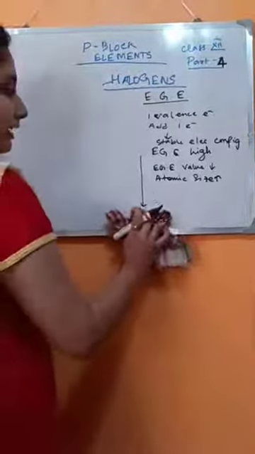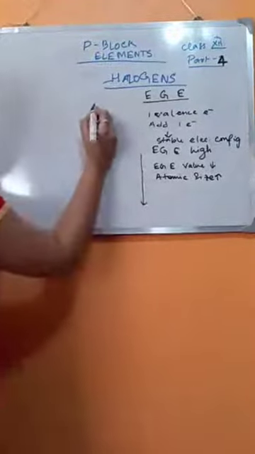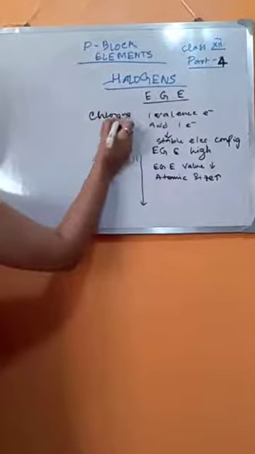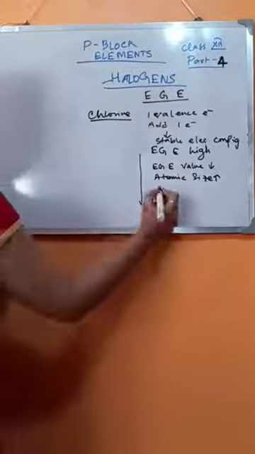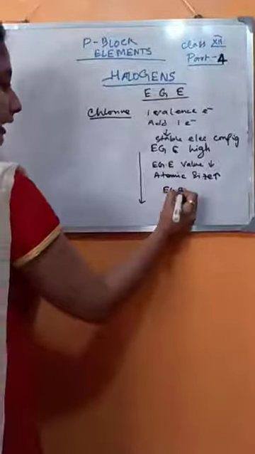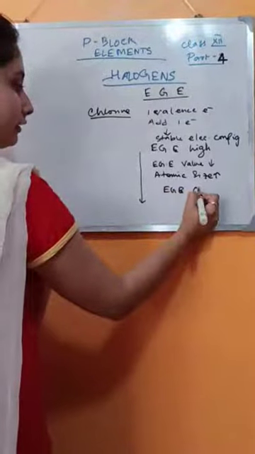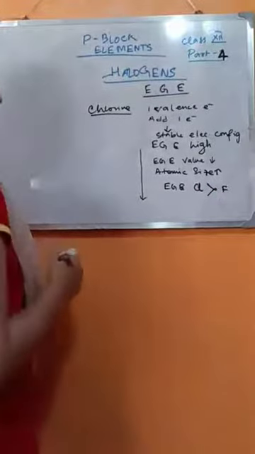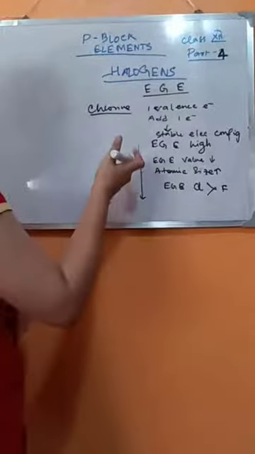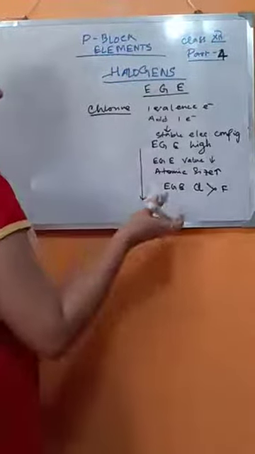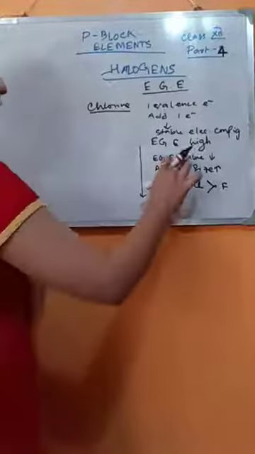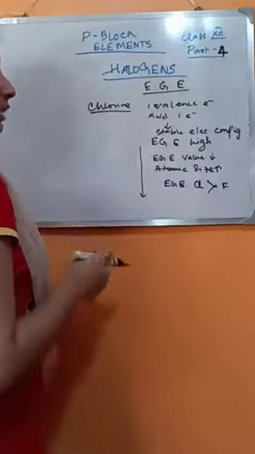What exception is there? The exception here is chlorine. The electron gain enthalpy value of chlorine is greater than that of fluorine. But as per the trend which I have told you just now, as we move down the group, the electron gain enthalpy value should decrease.